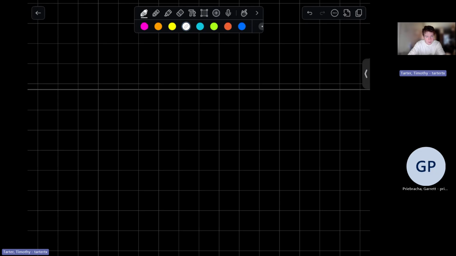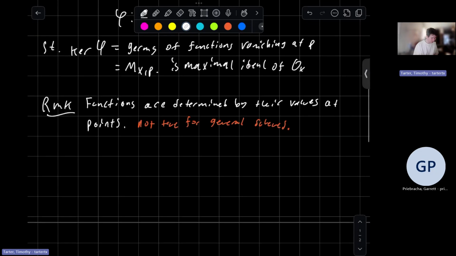A space. Every point has a neighborhood that looks like an open set in Rn. Okay. So, definition.